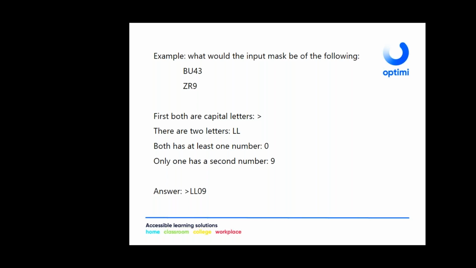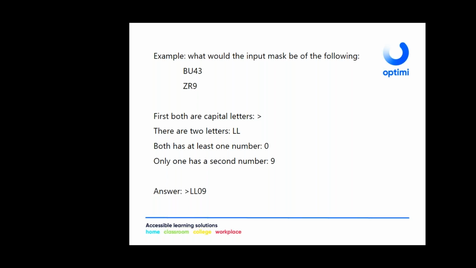The first thing that you need to notice is that both the codes are made up of capital letters. So you first need to put there the capital letter sign. Then both of those codes have got two letters, in other words, LL. Both of those codes have got at least one number.